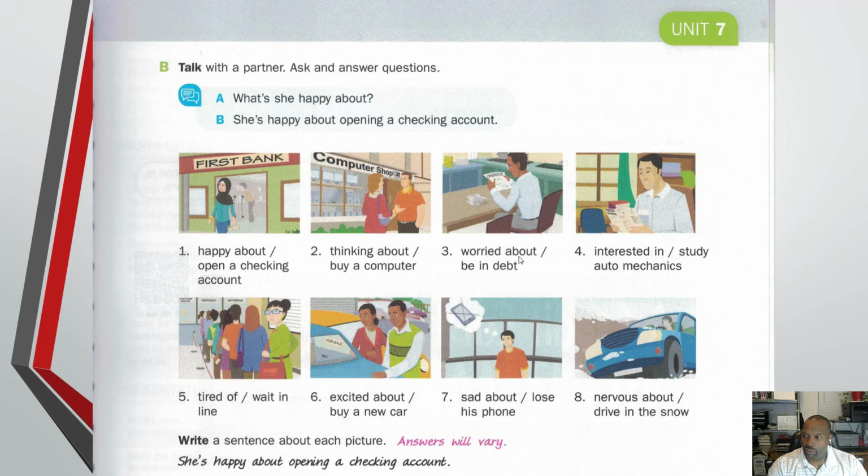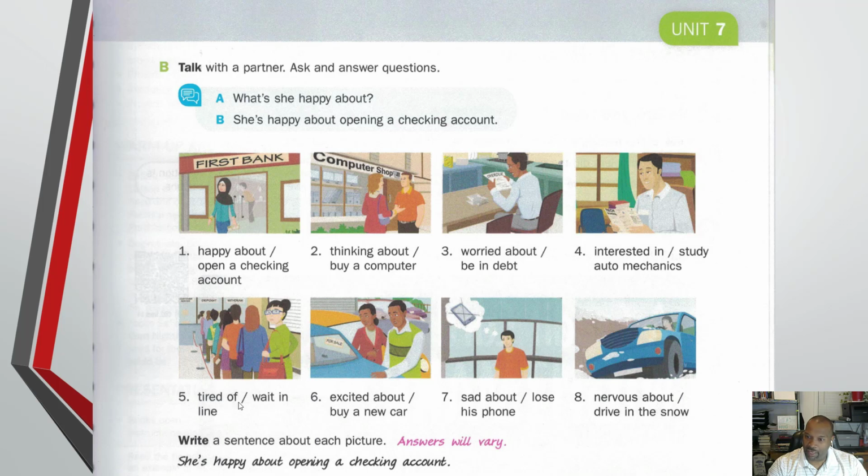What is he worried about? He is worried about being in debt. What is he interested in? He's interested in studying auto mechanics.